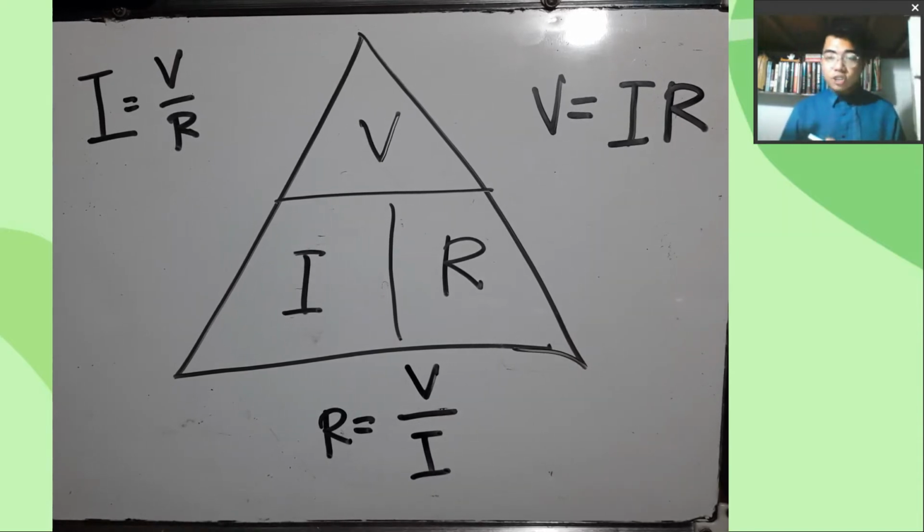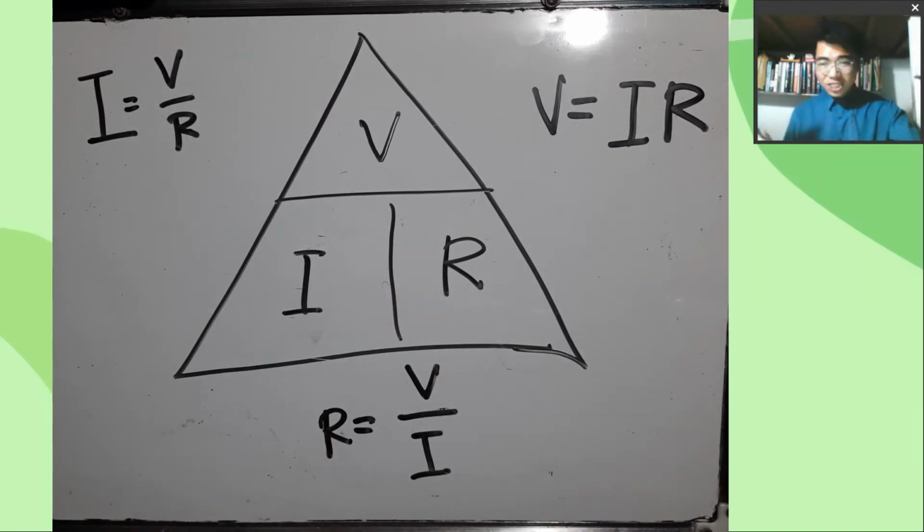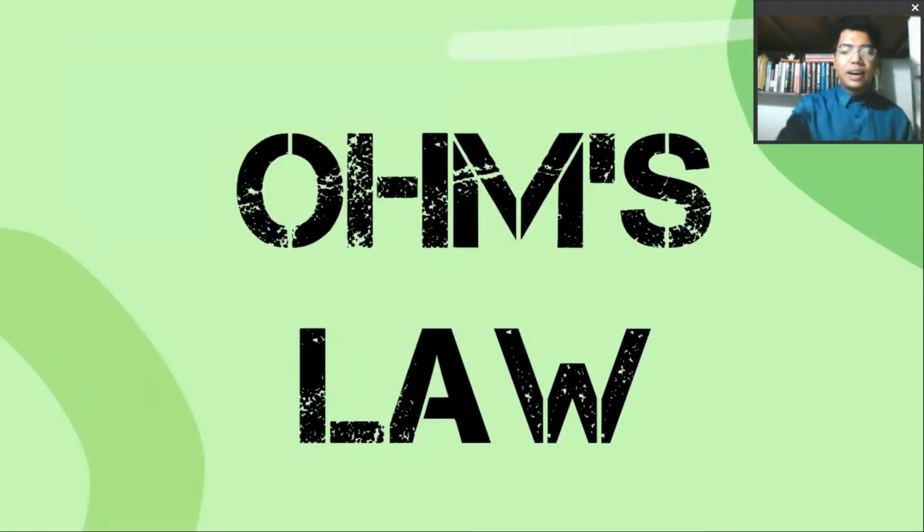So these are the different relationships of the variables present in Ohm's Law. Remember the triangulation of formula, which is also mentioned on page number 6 of your module. Now, let's consider some sample problems that we are going to solve. This is just a guide on how you are going to answer these problems.